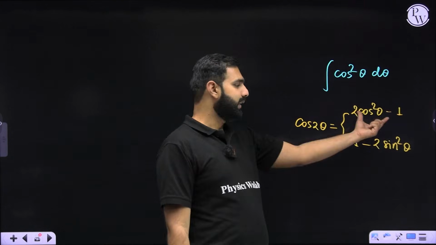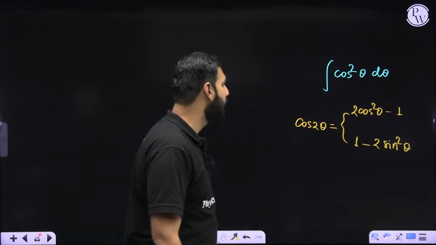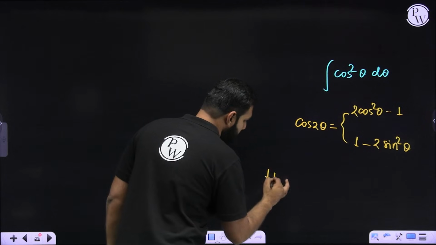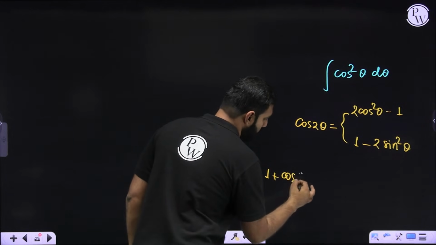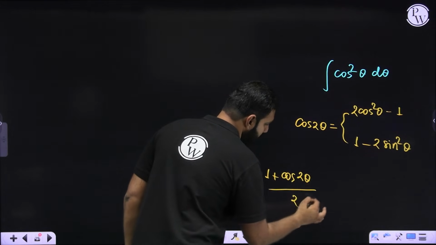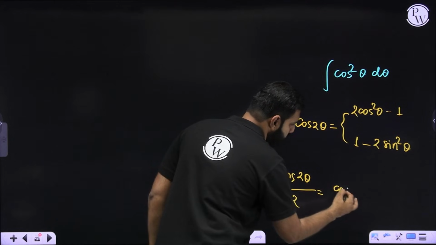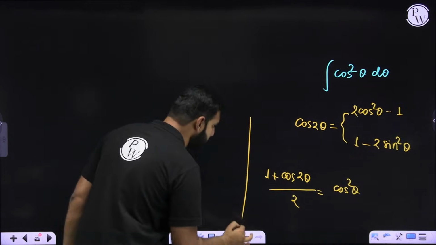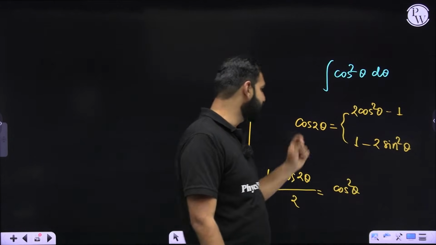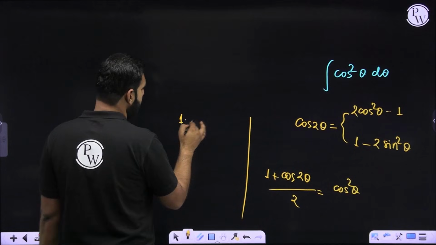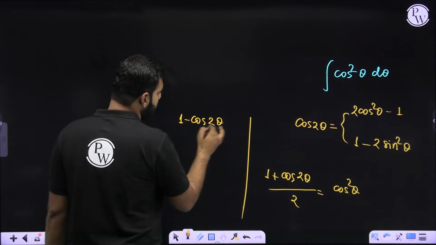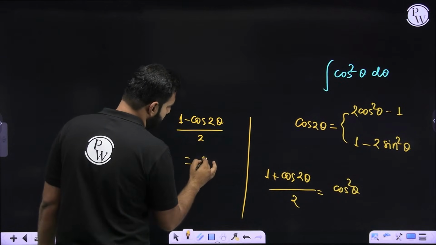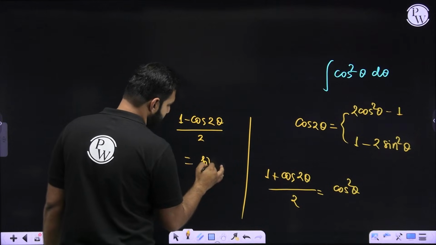So from here, if I could rearrange this with this, would I not say that (1 plus cos 2 theta) whole divided by 2 can be written as cos square theta? Similarly, if I rearrange this with this, would I not say (1 minus cos 2 theta) divided by 2 can be written as sin square theta?